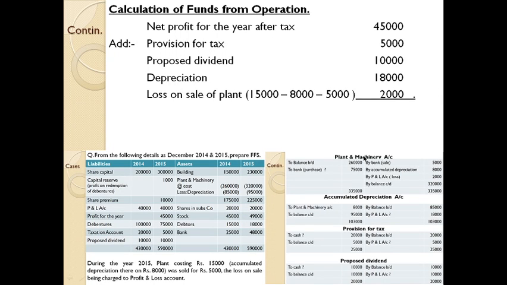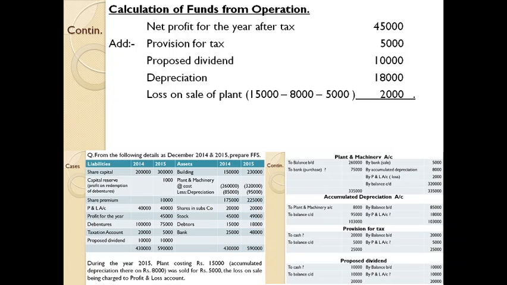After that, you have to go through the plant and machinery. You can see that there is only one P&L item, that is loss on sale, 2,000, that is recorded here. Once you complete the non-current accounts, you have to go through the information given. Since we have prepared all the accounts based on the information, you need not worry about it, but you have to go through the balance sheet. Remember, there are some items that have to be considered.